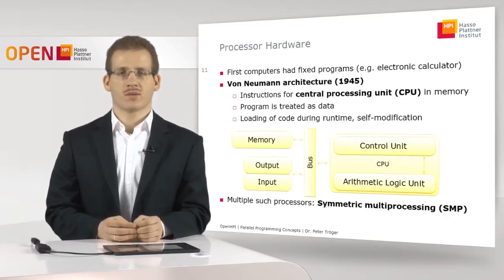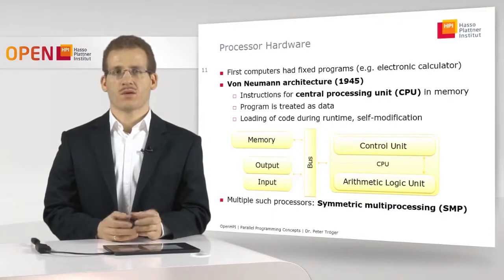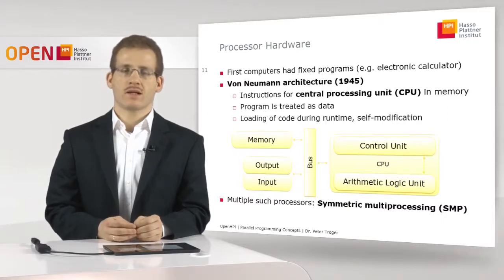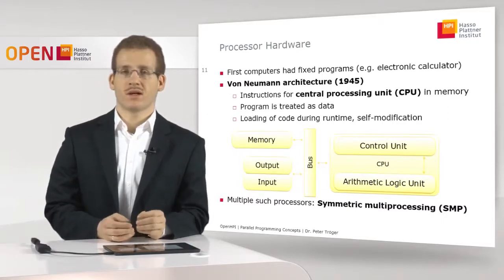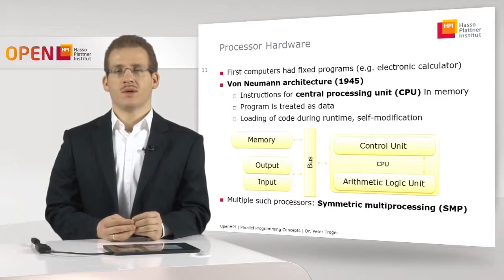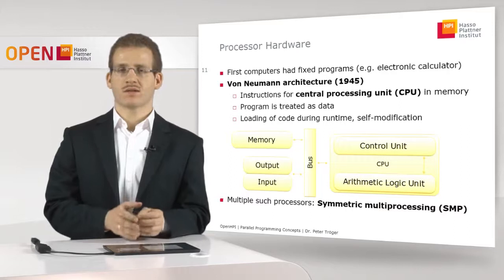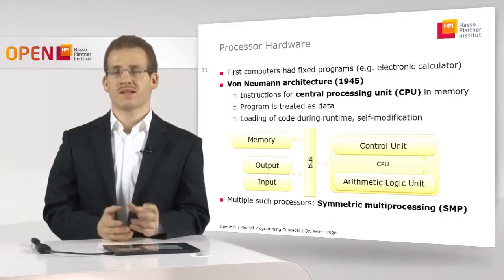The von Neumann architecture was invented around 1945 as part of larger computing system projects. And the new idea at this time was to build a processor in a way that you treat the instructions, the code, the software to be executed as data.